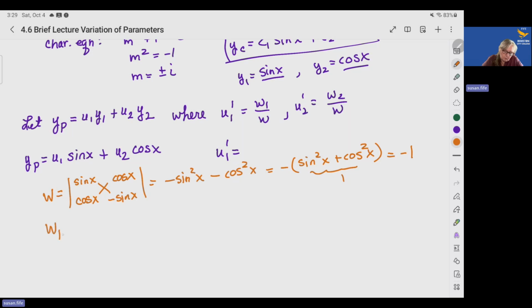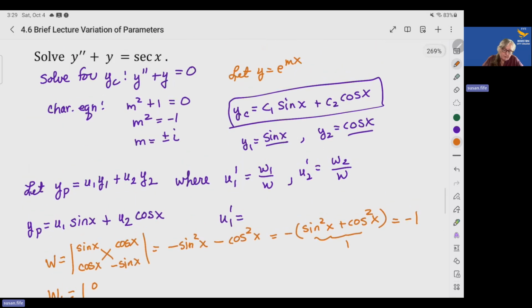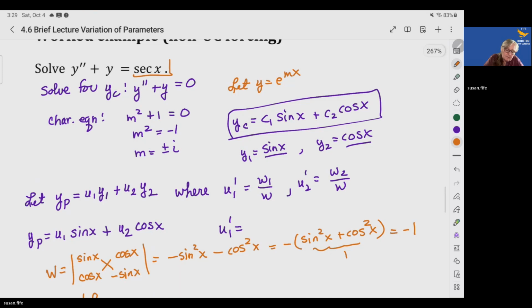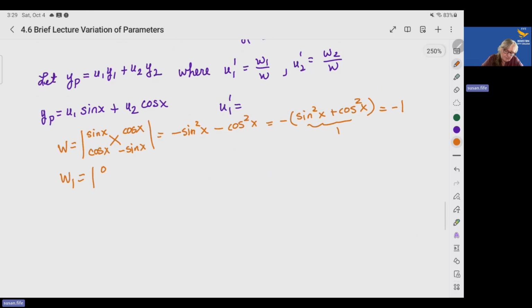And then w1 is replacing the first column with 0 and g. So let's see, what is g? G of x is secant of x. So I have 0 and secant of x, and then my y2 column is cosine x, negative sine x.